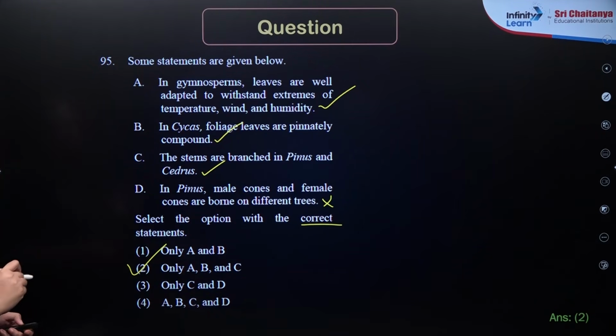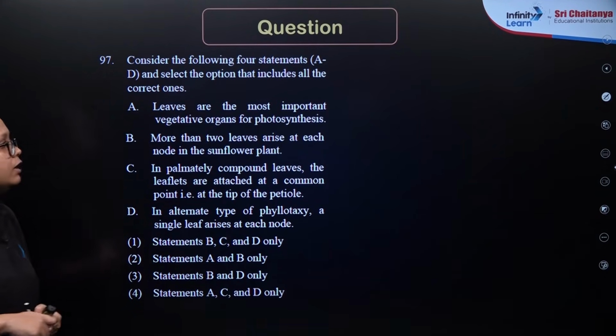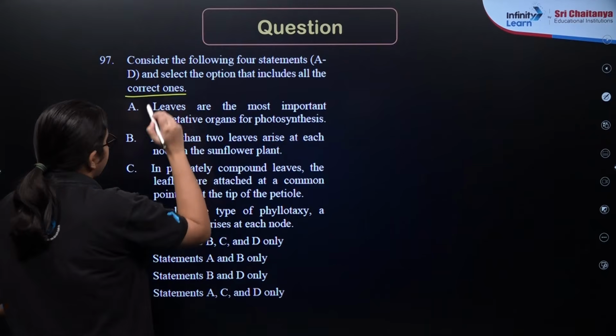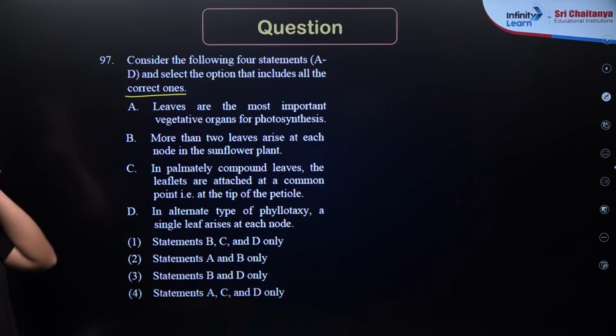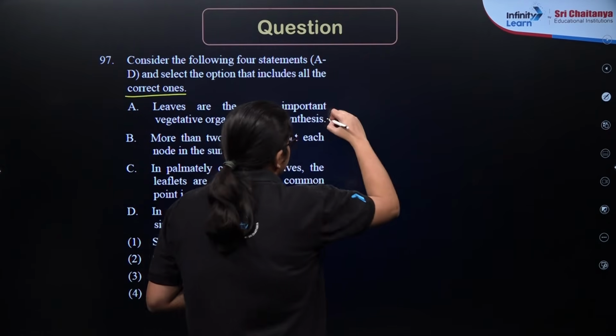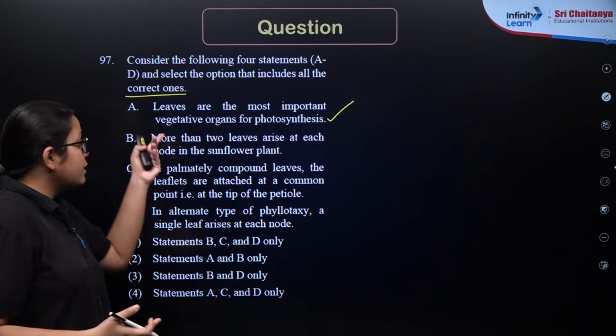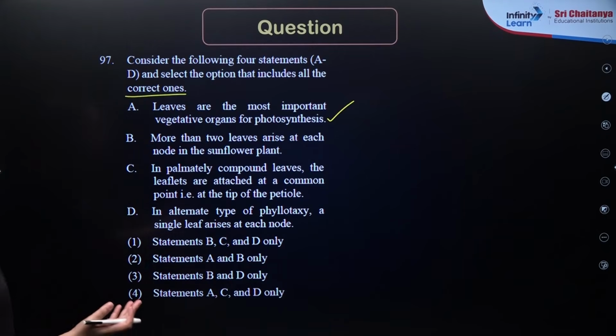Next question. So A to D, some statements are given. Again, you have to choose the correct ones. First one, leaves are the most important vegetative organs for photosynthesis, which is true. Leaves are very important organs for photosynthesis and they are a vegetative organ most specifically.